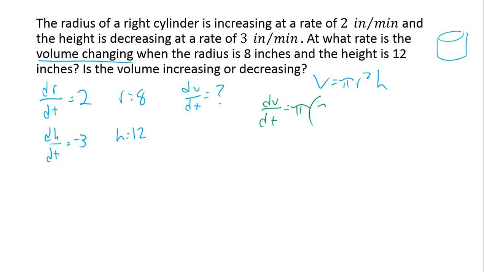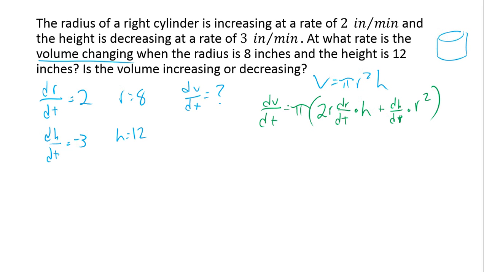Our product rule would be 2r dr/dt, derivative of the first, times the second, plus the derivative of the second, which would just be dh/dt, times the first.